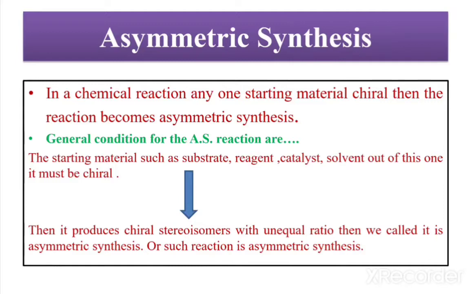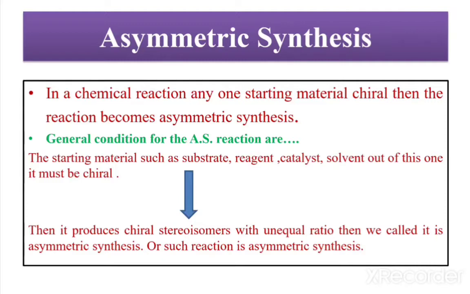The general conditions for an asymmetric synthesis reaction are: the starting material, such as substrate, reagent, catalyst, or solvent, out of these one must be chiral. Then it produces chiral stereoisomers in unequal ratio. Then we call such a reaction an asymmetric synthesis.